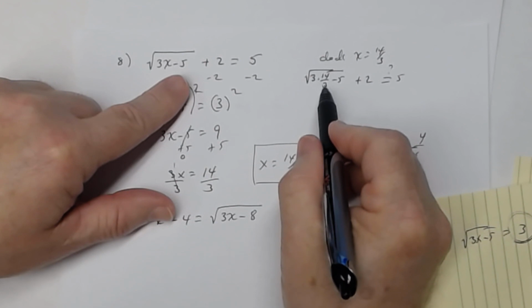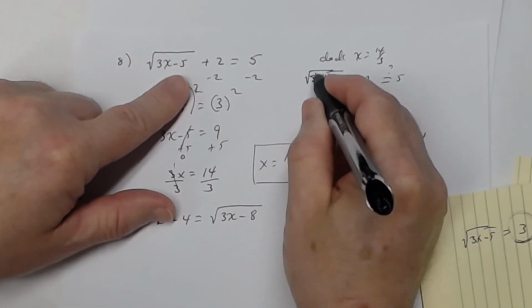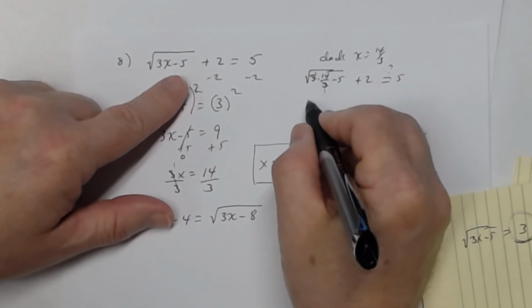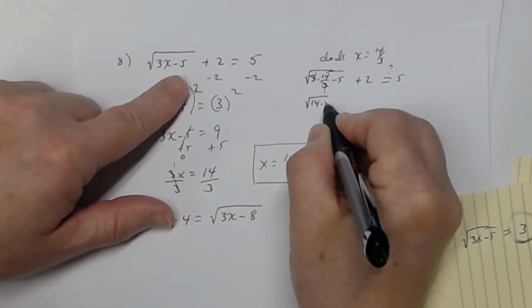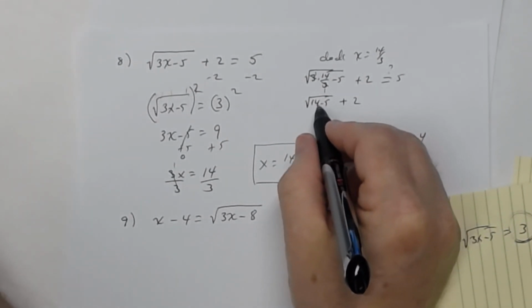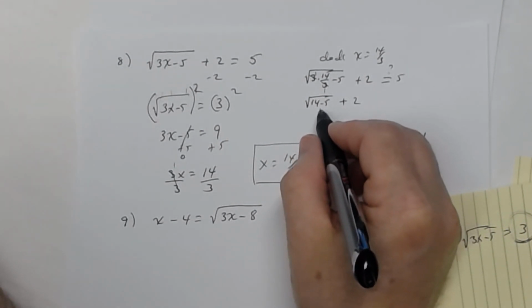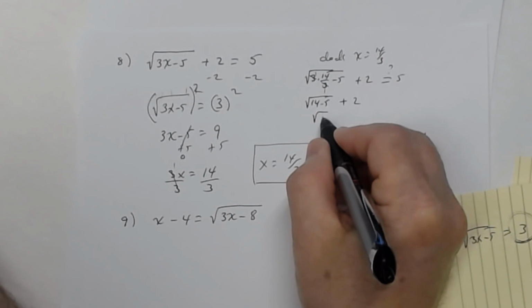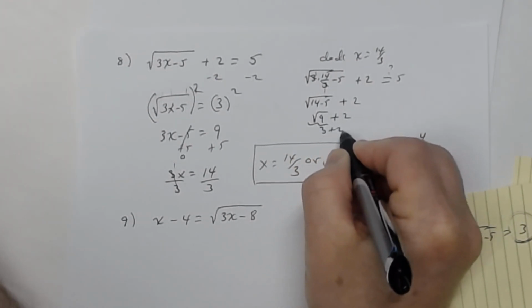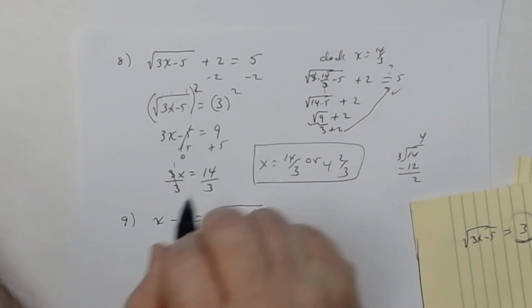Well, 3 times 14 thirds, the 3's divide out, so you get 1 times 14, which is 14. So the left-hand side becomes the square root of 14 minus 5, plus 2. Well, 14 minus 5 is 9, so that becomes the square root of 9 plus 2. The square root of 9 is 3, and 3 plus 2 is indeed equal to 5.